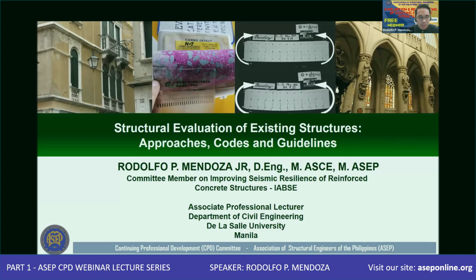Now, of course, we are allowed to use as references other standards from other countries, but again, the minimum requirements of the code must be complied with in order to ensure that we don't have any legal issues in this type of assessment.